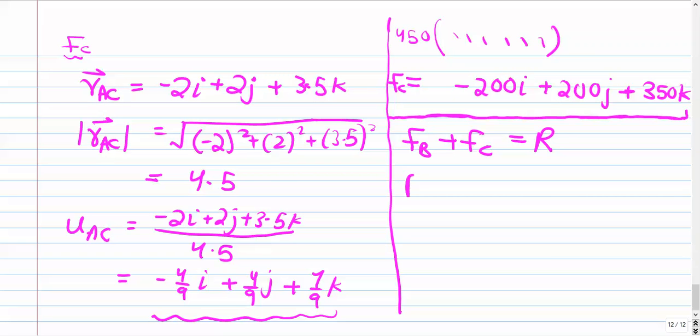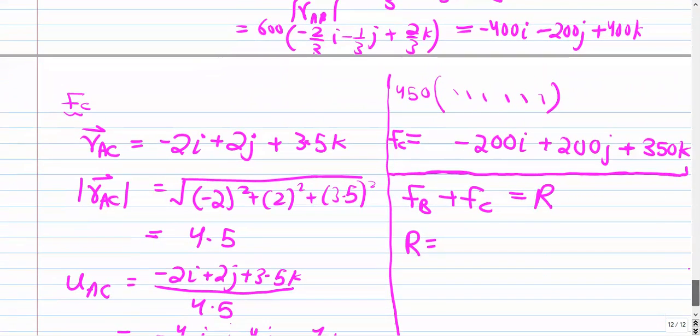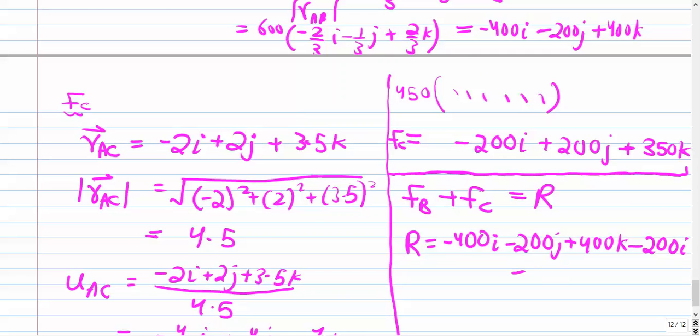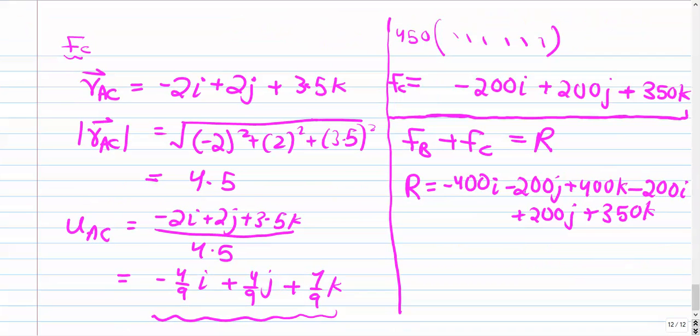So this force FB, which is negative 400i, negative 200j plus 400k, added to the force FC, which is negative 200i plus 200j plus 350k. Once we add up all these, we come to know that the y components cancel each other out. What we are left with is negative 600i plus 750k.